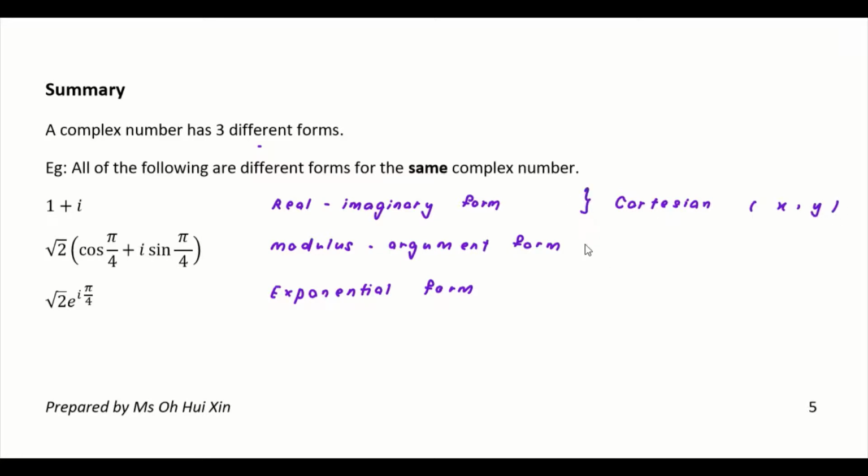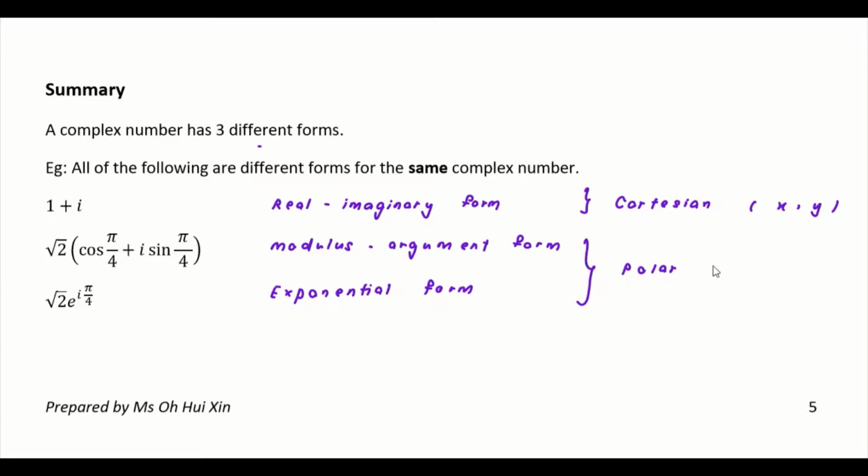Then for these two, in the complex number itself, you cannot find anything like the real part or the imaginary part. Of course, you have the i, but what I mean is that you do not have something that tells you the imaginary part is one. Instead, you have another two coordinates that you can see here, which are square root 2 and pi over 4. So these two forms use the other coordinate system, called the polar coordinates.